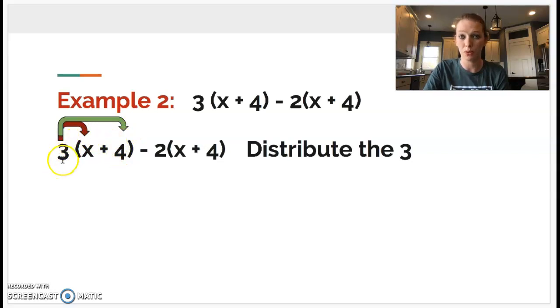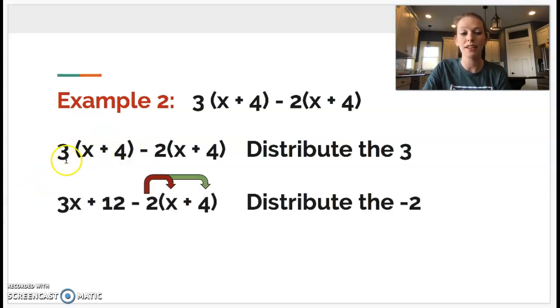So I'm going to be doing 3 times x, and then 3 times 4. And when I do that, I'm going to get that 3x, and then that 3 times 4 is our 12.